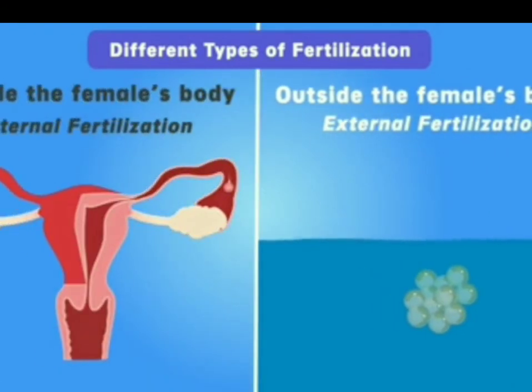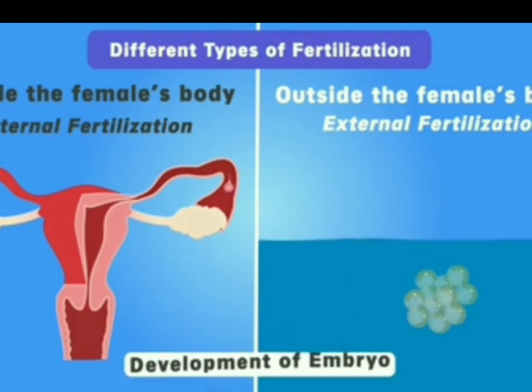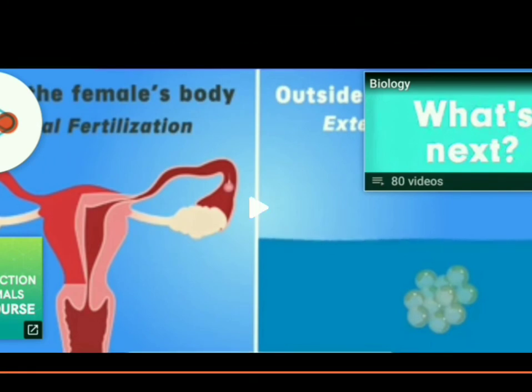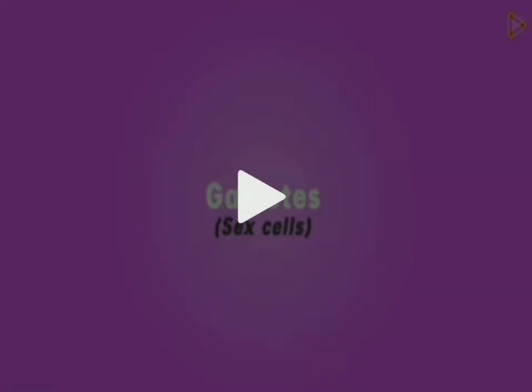It is the same with fish. But in the human body, fertilization takes place inside the female body. Not only in humans, but in all animals except some animals like frogs, fishes, and some other aquatic animals. Those are the examples.